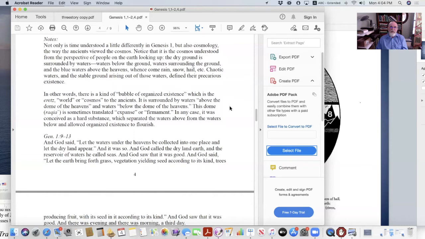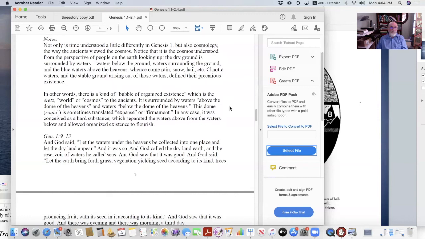The dry ground is surrounded by waters. We have waters below the ground, waters surrounding the ground, and the waters above the heavens. Well, if I were an ancient, any idiot would know, looking up, where does the water come from? Well, it comes from up there. What color is the sky? It's blue. Rain, snow, hail, etc., come from up there.